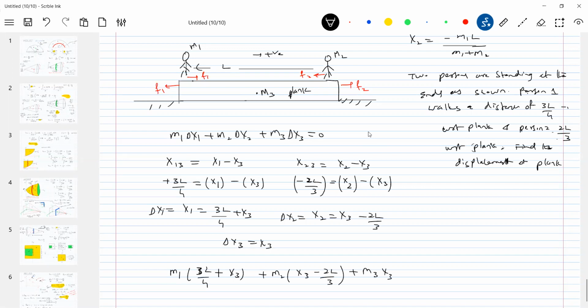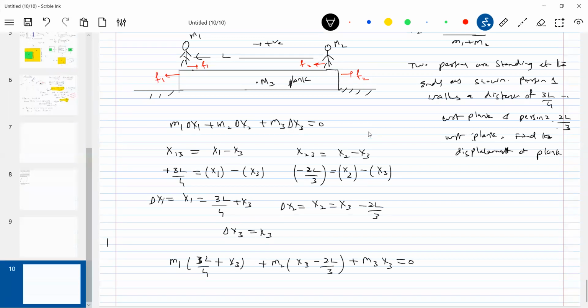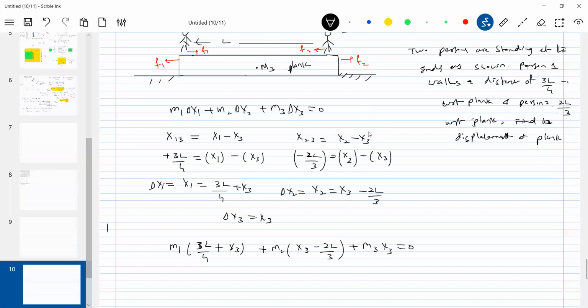Plus M3 x3 equal to 0. So what is the resultant? x3 should be equal to 3 M1 L by 4 minus 2 M2 L by 3, divided by M1 plus M2 plus M3.